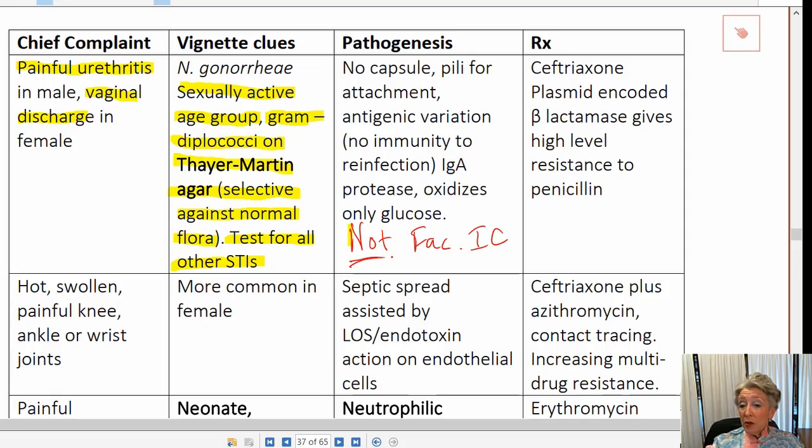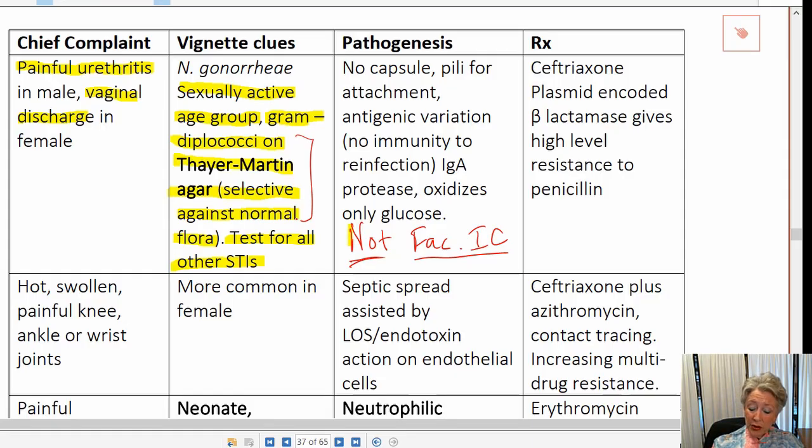And I always want my students to think things through and ask themselves questions. If I find something inside a neutrophil on a diagnostic specimen, does that mean that that creature is living inside that neutrophil?